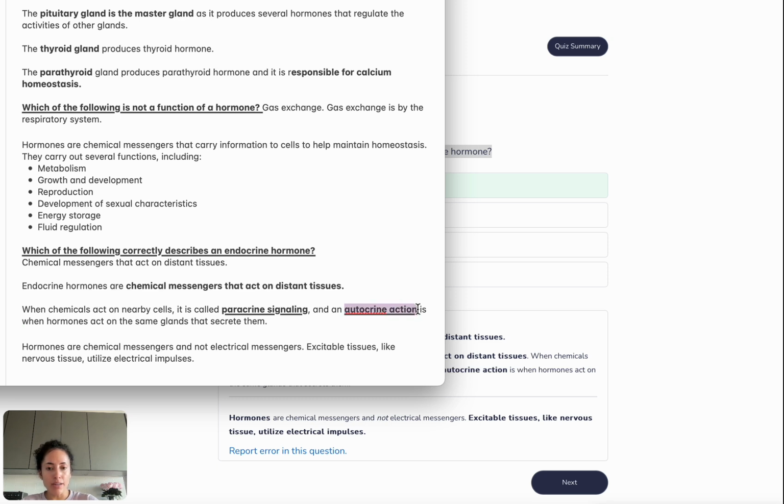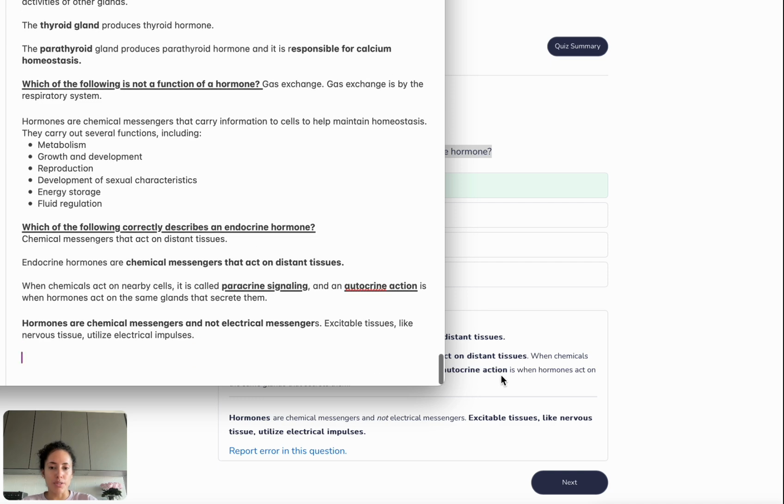Hormones are chemical messengers and not electrical messengers. Excitable tissues like nervous tissue utilize electrical impulses.